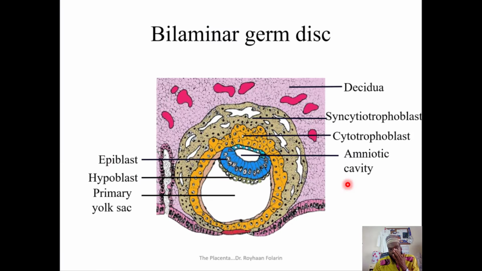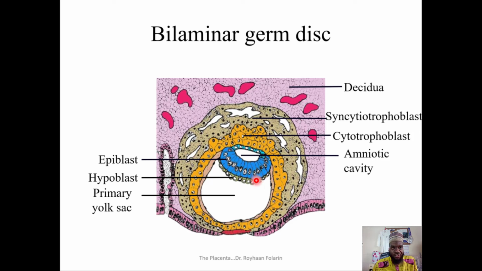So just as a way of catch up, you would remember that after you have cleavage and transition of the zygote into the 2-cell stage, 4-cell stage, 8-cell stage, the morula stage, the blastocyst, we had the inner cell mass.